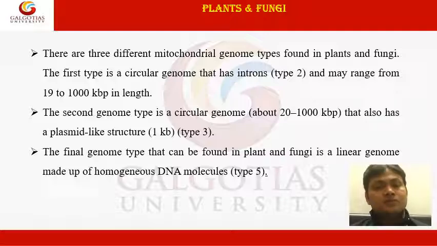The second genome type is a circular genome of around 22,000 kilobase pairs, which also has a plasmid-like structure of around 1 kb, known as type 3. The final genome type that can be found in the plants and the fungi is a linear genome made up of homogeneous DNA molecules, called type 5.